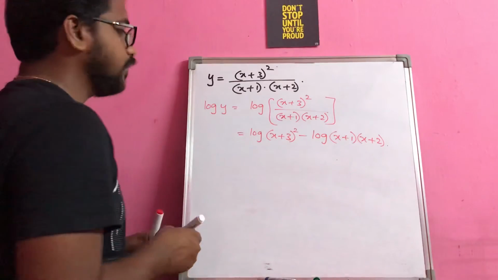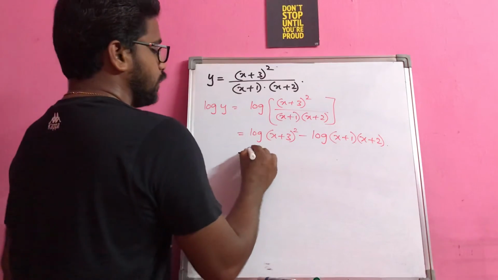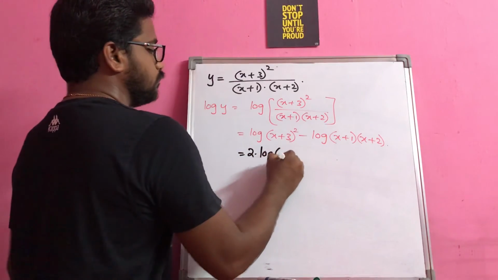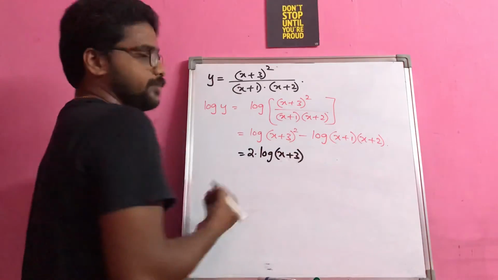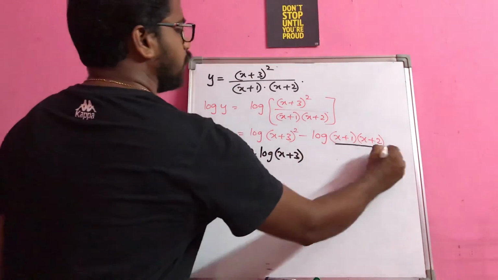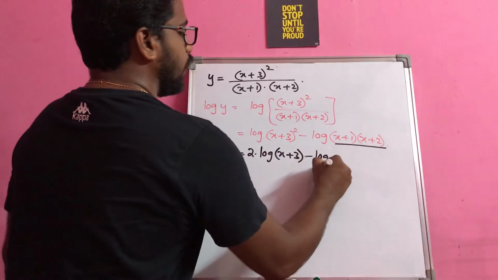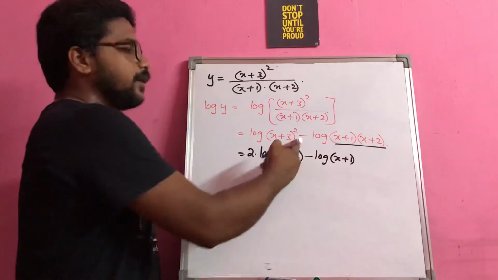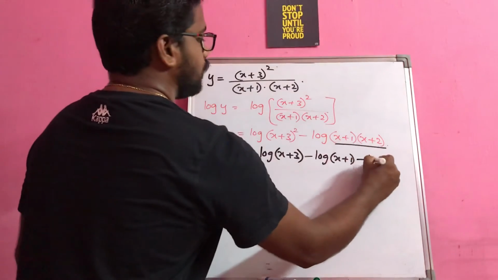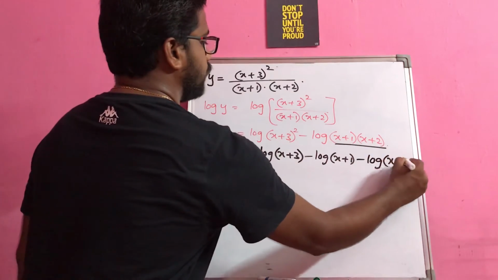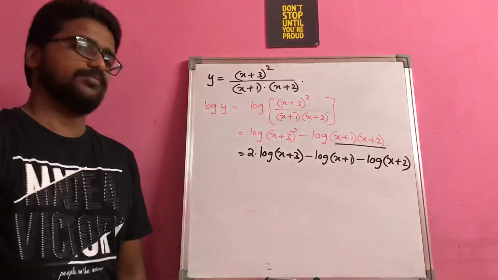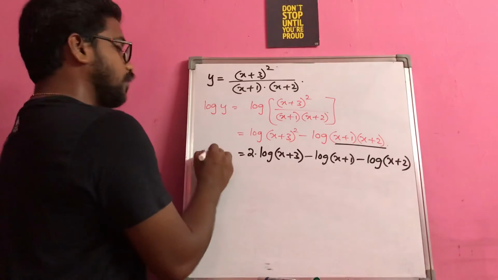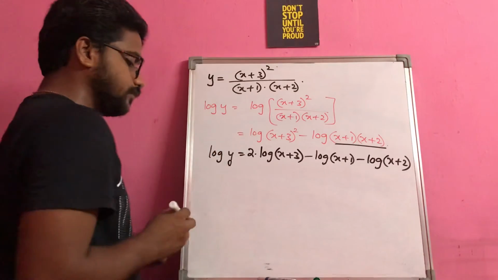Next step, 2 will come in front because we discussed the power rule with logarithm. So 2 times log of x plus 3. This is a product here. We know that log AB can be written as log A plus log B. But the outside minus is there, so if I multiply with this minus, I will get minus log of x plus 1 and minus log of x plus 2. Till now I didn't apply any differentiation.